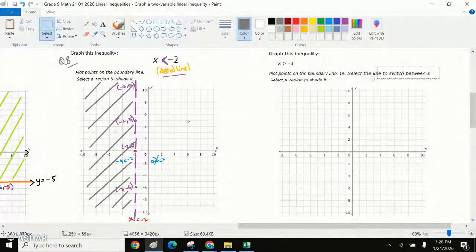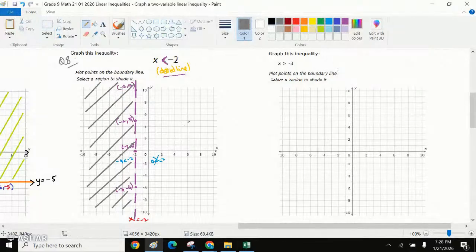And I'll remove this part. Okay, this is our question number 9. And it says the inequality given is x is greater than negative 3. We only have a greater than over here. It's not an equal over here. We cannot see an equal.